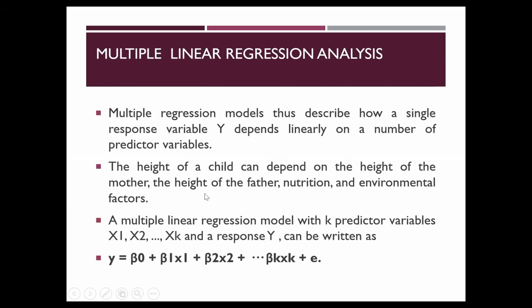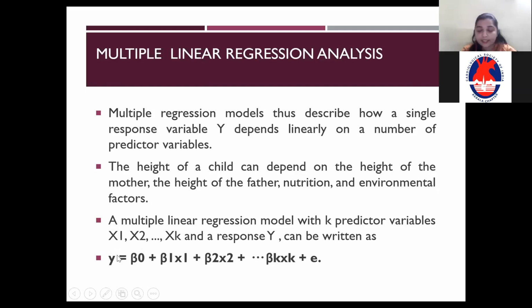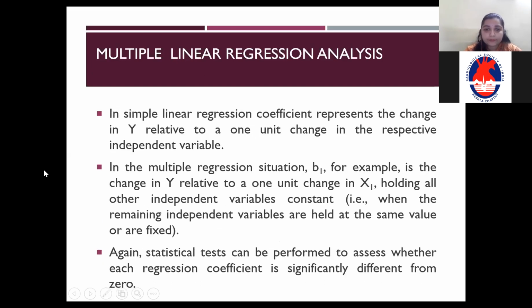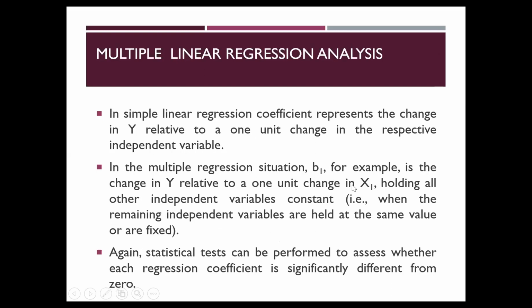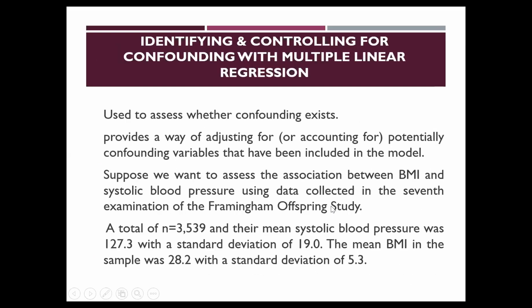So how does it predict? It will tell you the outcome y after controlling for the effect of other independent factors. The multiple regression is relative to a one unit change in the dependent variable, holding all the independent variables constant.